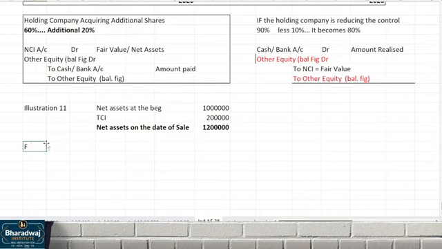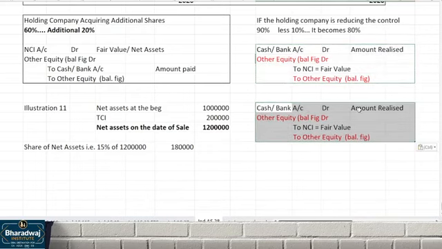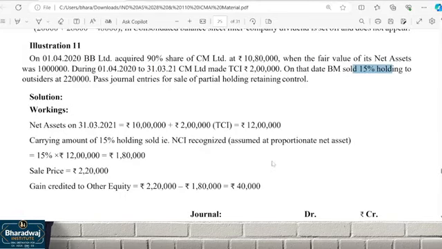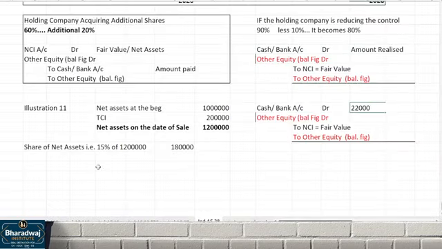How much percentage controlling interest is sold? So share of net assets, that is 15% of 12 lakhs, 1,80,000. So when you pass a journal entry, what is the entry you will pass? Cash or bank account debit. We sold it for how much? 2,20,000.